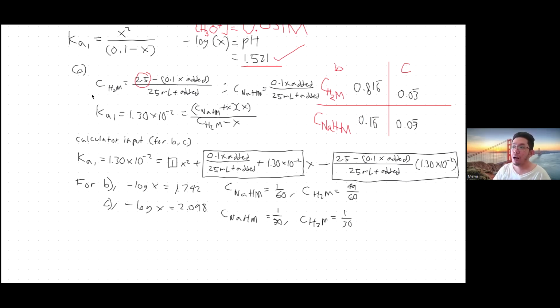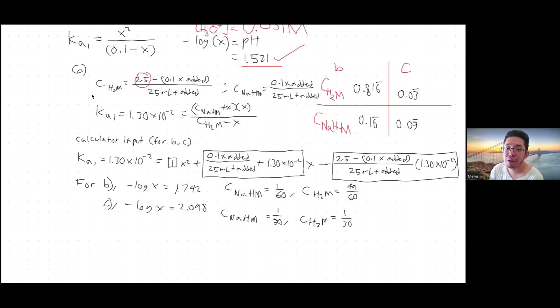So, 0.816 for letter B. Now calculate the sodium hydrogen maleate. Do 0.1 times 5 divided by 30, right? Look, 0.1 times 5 over 30, because it's 25 mL plus 5 mL.